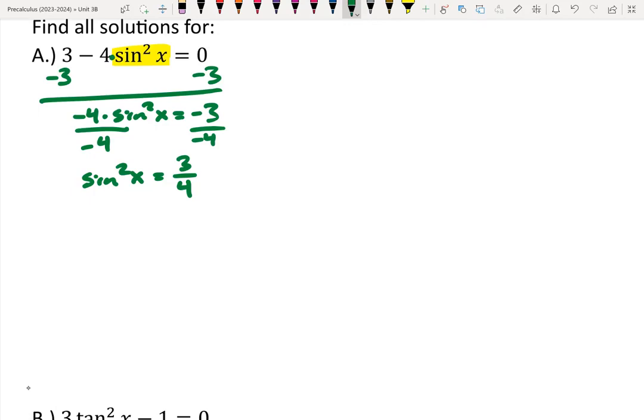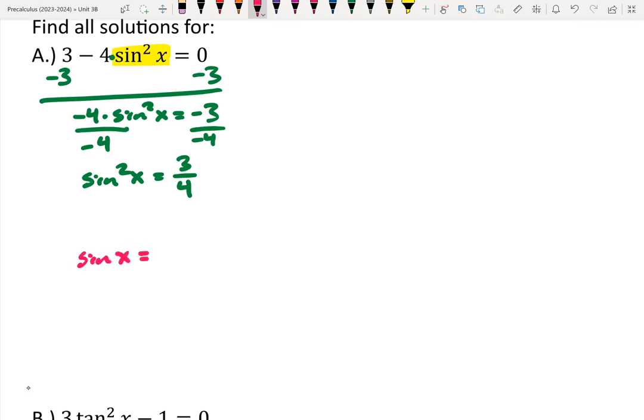Yes or no? Okay. But that's also because my sine is still squared. And in the end, to be able to look at my unit circle, remember, all those values on the unit circle are sine values or cosine values or tangent values. They're not sine squared values or cosine squared values. So I need to get this so it is just sine.